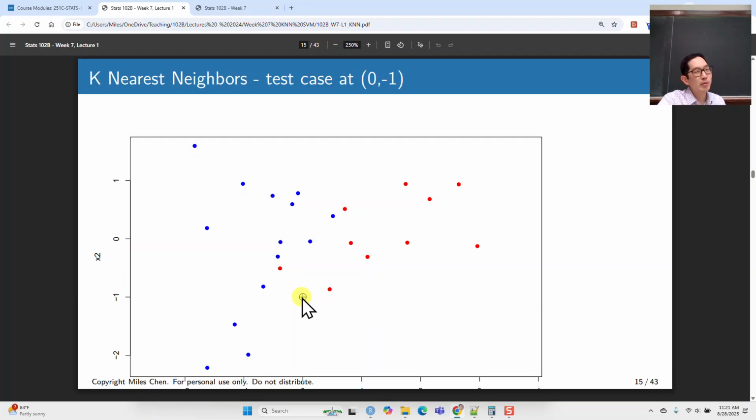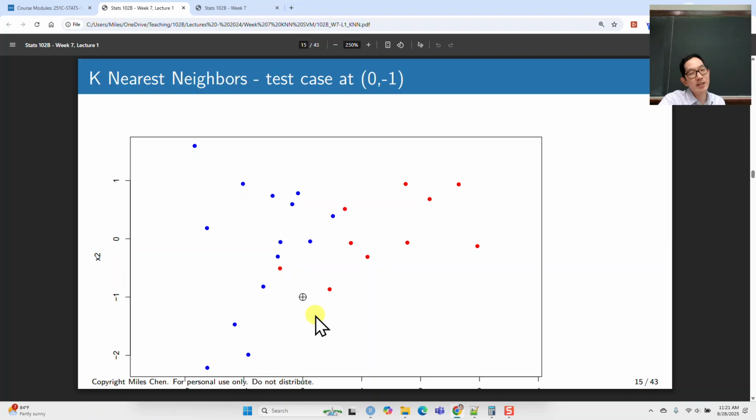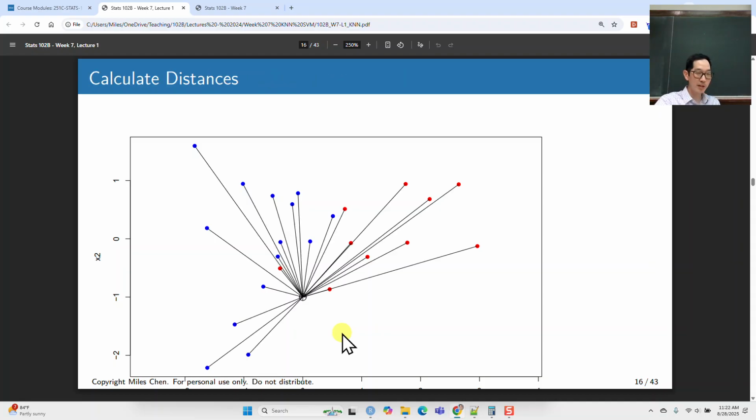Again, the first step is to measure the distance from this test case to every single other point in your data set. It might feel silly in 2 dimensions to do this because our eyes can easily judge that points in this vicinity are going to be the closest, so maybe I only have to measure the distance for a few of these points. But in high dimensions, it's not so obvious which points are your nearest neighbors.